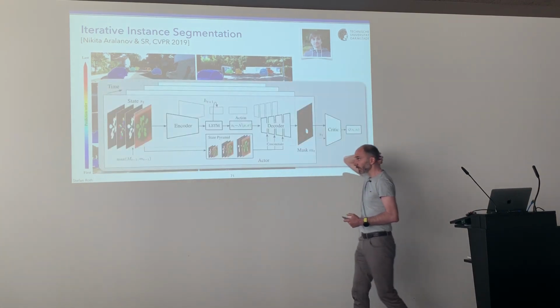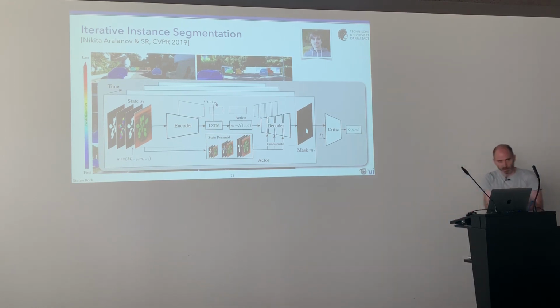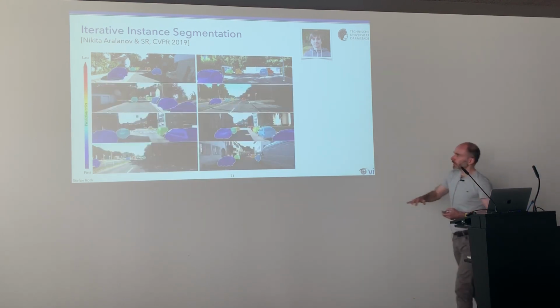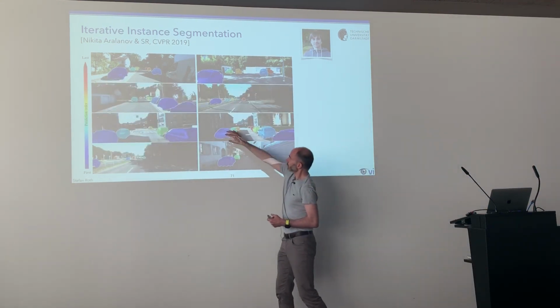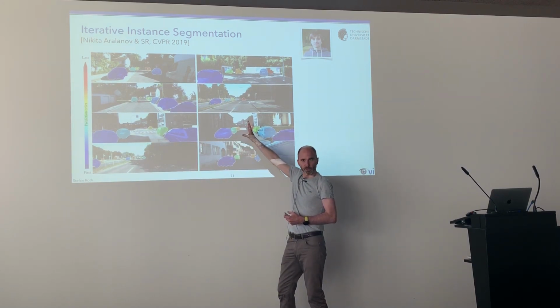Okay, and it turns out you can actually formulate this as a reinforcement learning problem with an actor-critic model, where we basically just use the standard supervised objective, but we don't actually specify the order in which we shall segment the scene. And the thing that pops out directly from that is that the network learns to segment these big chunky objects first and then uses them as context for the more difficult semi-occluded objects.